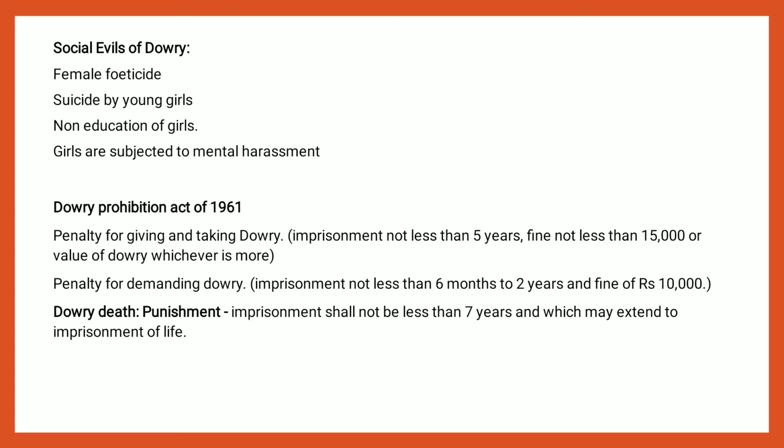A person who commits dowry death shall be punished with imprisonment for a term which shall not be less than 7 years and which may extend to imprisonment for life. But there are conditions. What? That there is a demand of dowry and harassment by the accused, that the deceased had died under unnatural circumstances, death within 7 years of marriage.